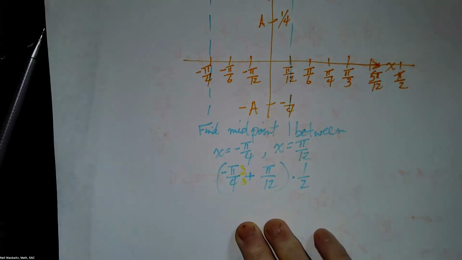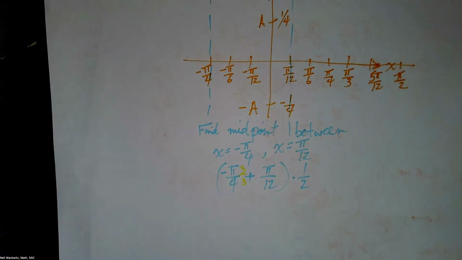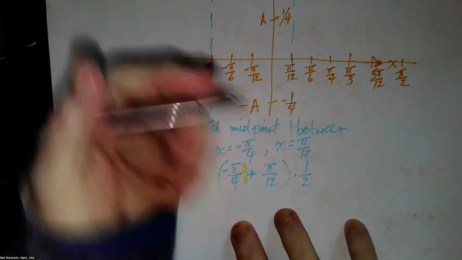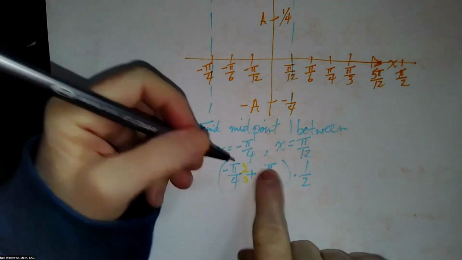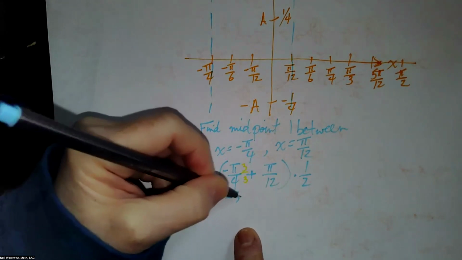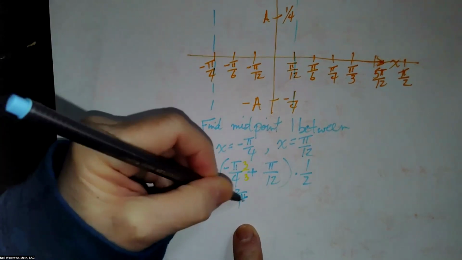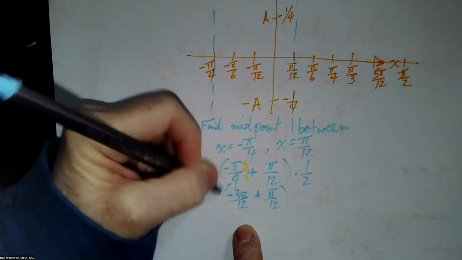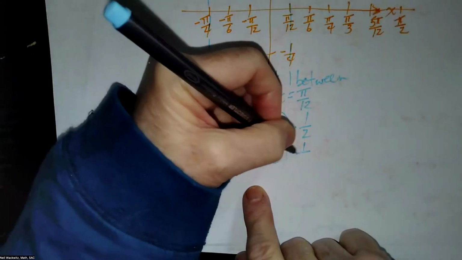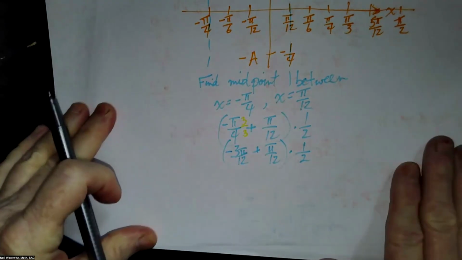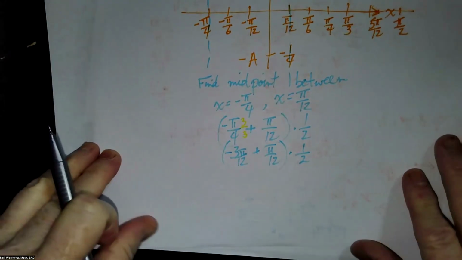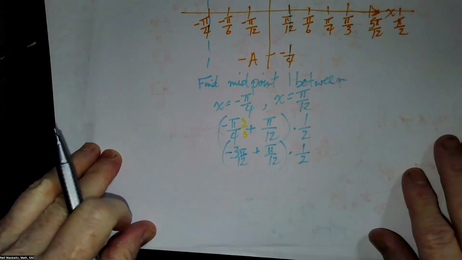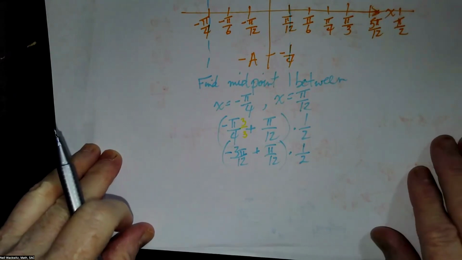Does that show up? It shows up decently well. Okay, groovy. So that gives us negative 3 pi over 12 plus pi over 12. And we're going to multiply the result by 1/2. What is negative 3 plus 1? Negative 2.